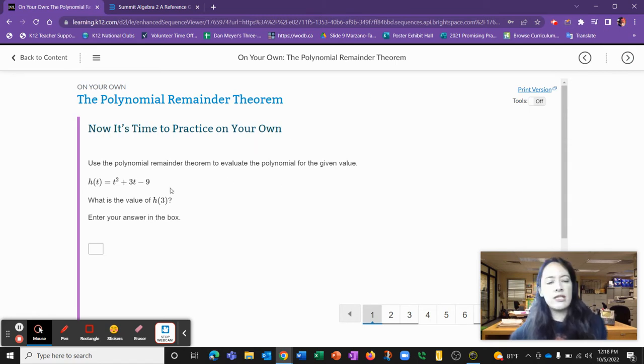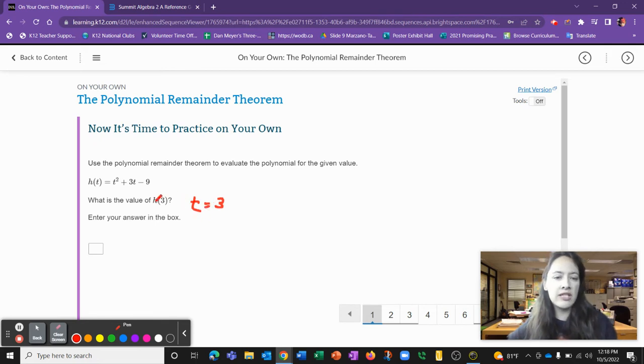Function notation is something that's very important, so I want to talk about it a little bit. This is saying h of t, so it's not saying h times t, nothing to do with h, it's just the name of the function. The input value is t. So when you see h parentheses 3, it's saying t is equal to 3.